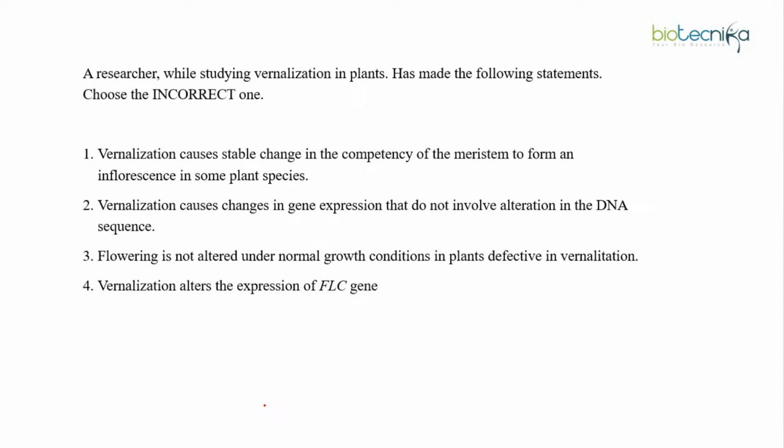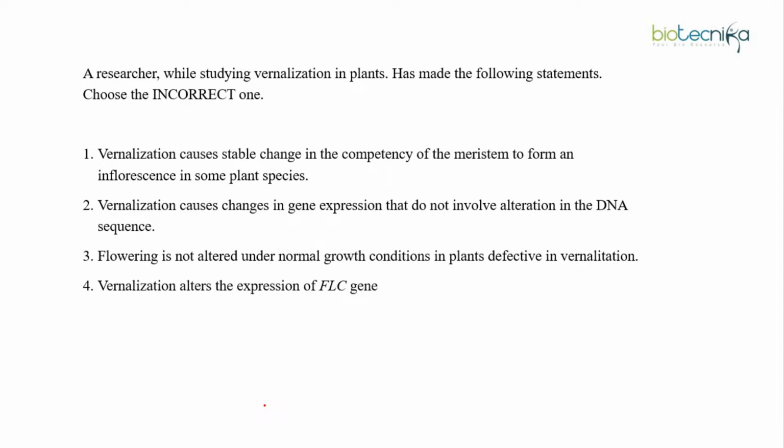Okay, so basically, let me give you some information. What is vernalization? You can call this a process where you expose the plants to cold temperature.